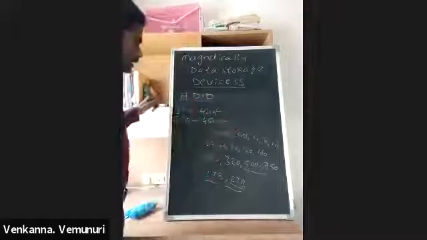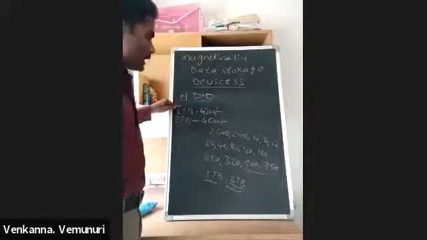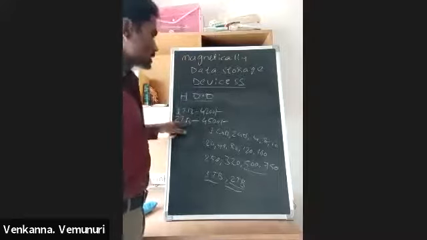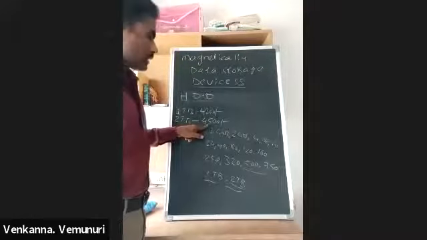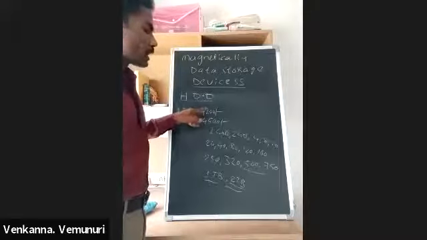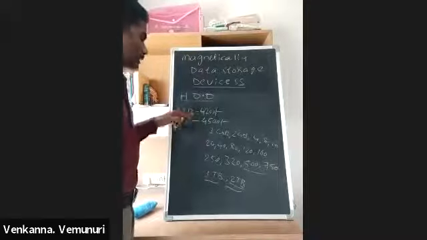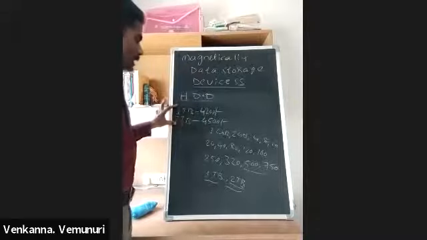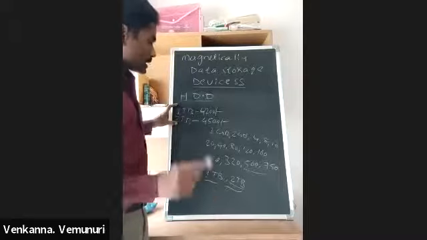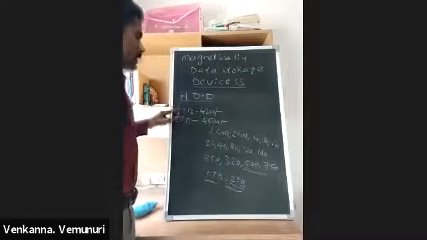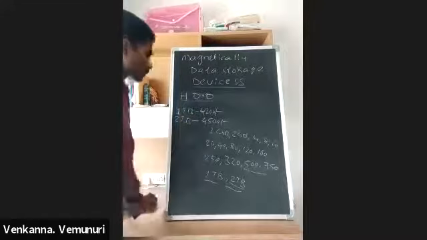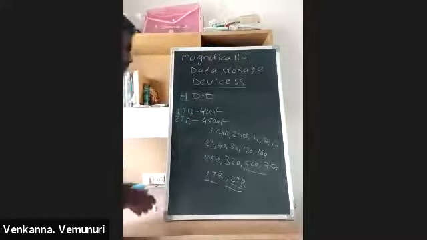You see, the 1 TB hard disk starting price is 4,200 and the 2 TB hard disk starting price is 4,500. So there is only a 300 or 400 difference between 1 TB and 2 TB, but the capacity is double. 1 TB cost is 4,200, 2 TB cost is 4,500.